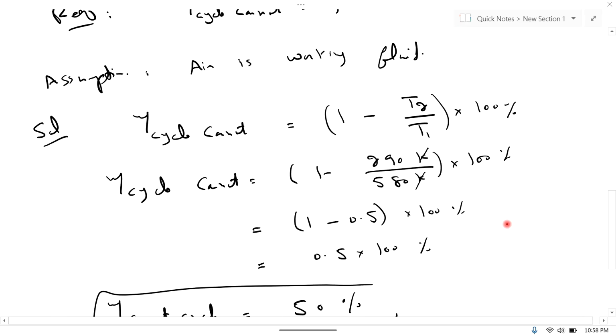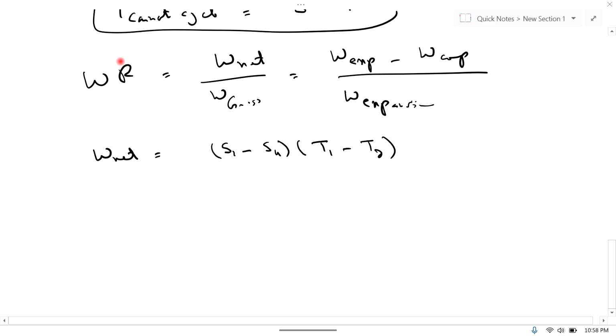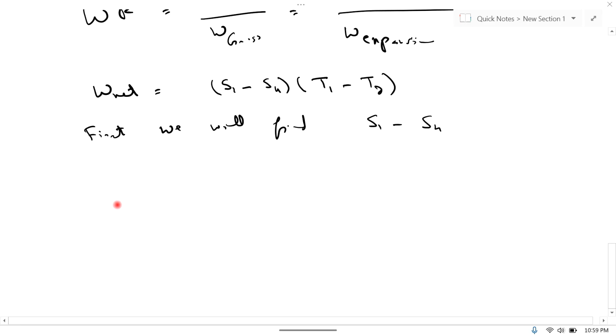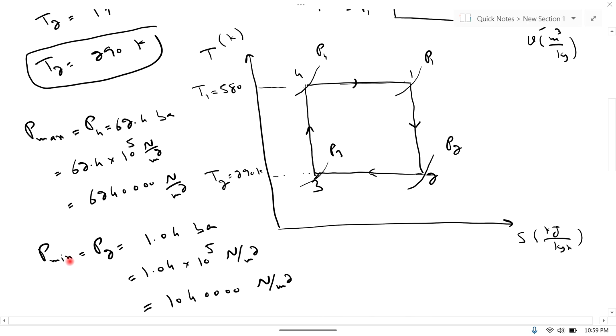So first we will find S1 minus S4. Basically at point 1 and point 2 entropy is constant.